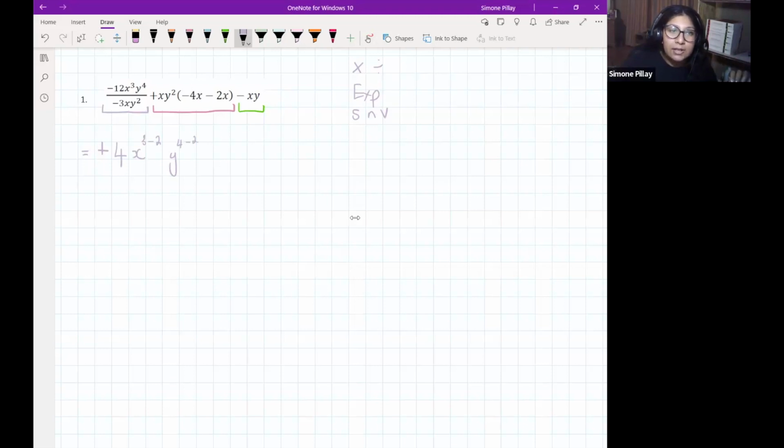Remember, I can subtract my exponents. I don't want to write this out anymore. I'm past that stage. And so this is going to become y squared. Are we all happy? Please give me a thumbs up in the chat if you are happy with how I've simplified my fraction from what it was to this positive 4xy squared.